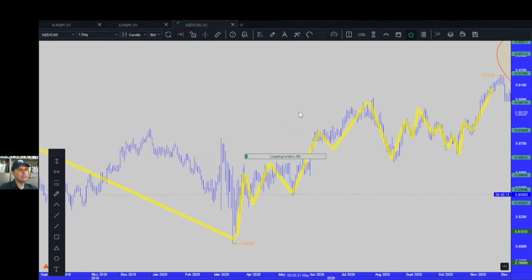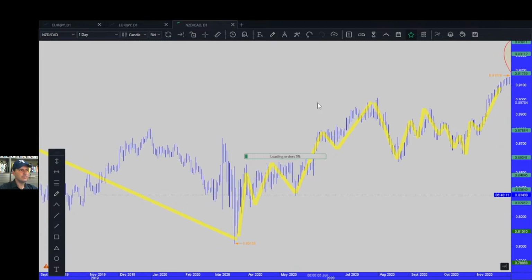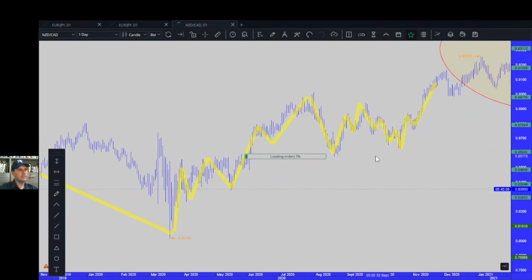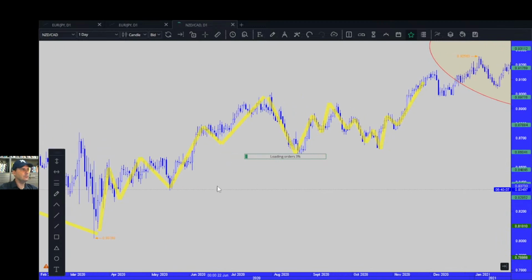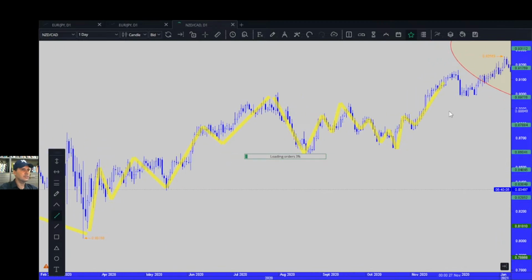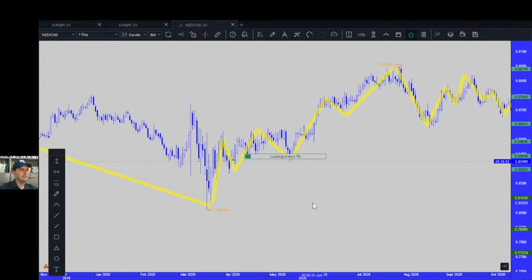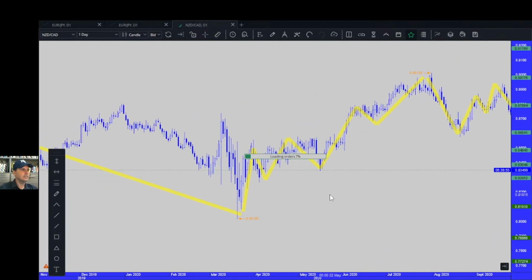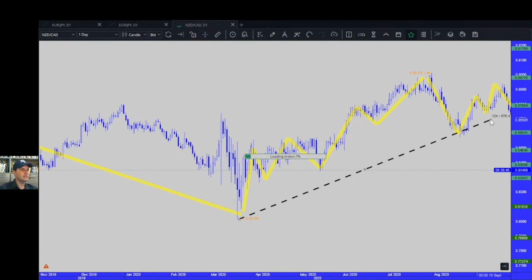This is just an example, okay? But if you would short the market in here, okay? Now here is a different story, right?